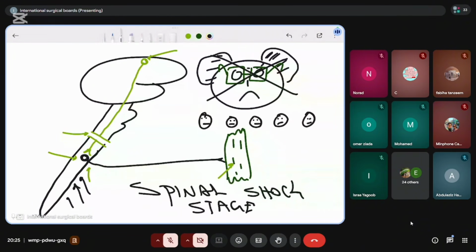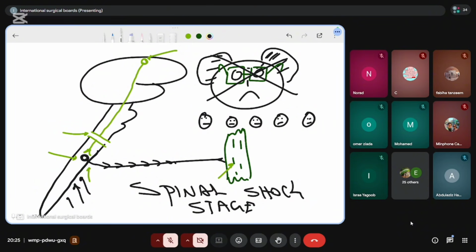These lower motor neurons will be firing, and that leads to spastic paralysis of the muscle. The muscles become spastic. That goes for other things as well, like reflexes. They become exaggerated. The tone becomes heightened, hypertonia.